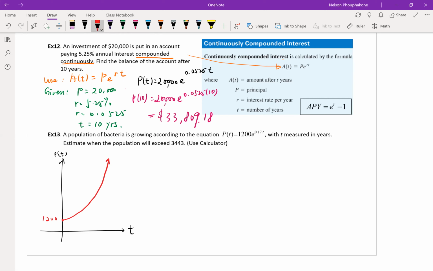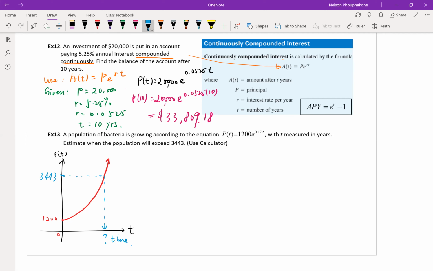And now what I would like to do is know when the bacteria will go to 3,443. So we need to know what this time is equal to.